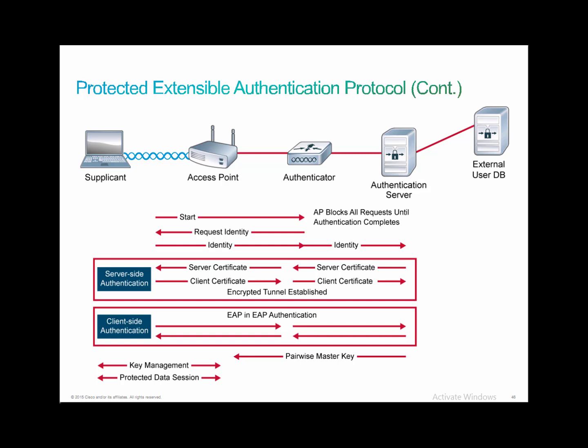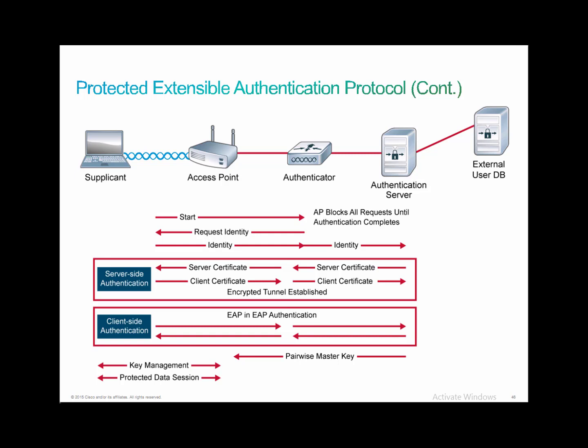The client is authenticating the server, using the certificate authority to verify the digital certificate of the server itself. In a TLS exchange, the client sends its own certificate, right? But in PEAP, the client generates a master encryption key. It encrypts that key using the server's public key, and then it sends the encrypted key to the authentication server.